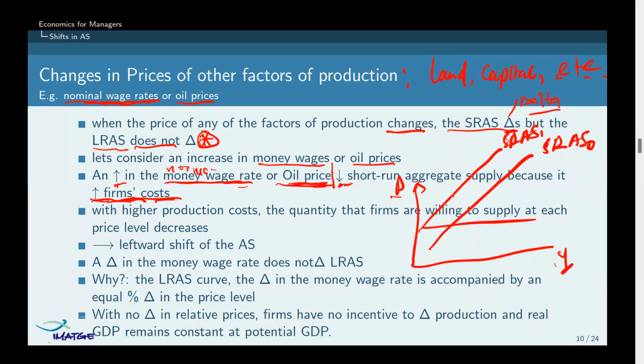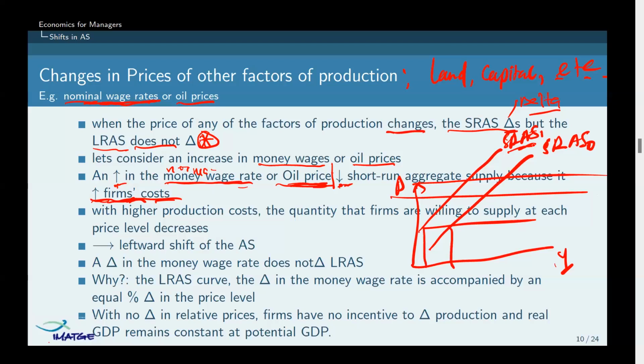At each price level, if I draw horizontal lines, I'm representing price levels, right? So at this price level, you can see that at the new aggregate supply curve, less output is now produced. If you compare at a higher price, this was the initial and this is the new. You see that less output is produced at each price level.